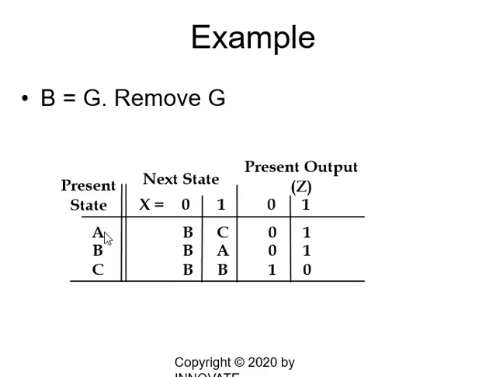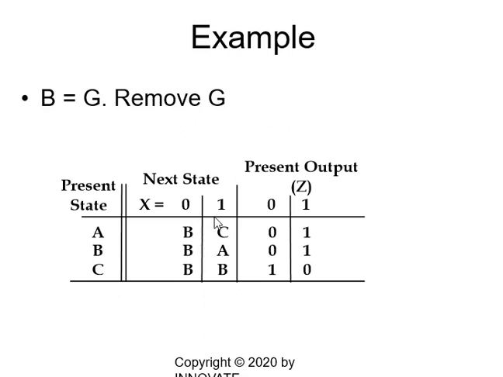Now, can state A be equivalent to C? Absolutely not, because they have different output. Can state A be equivalent to B? Maybe, if their next states are equivalent. The next state under x is 0 are B, B, that's good news.